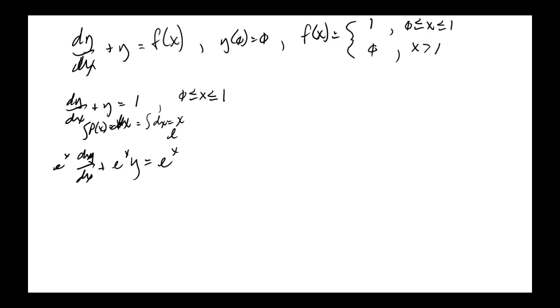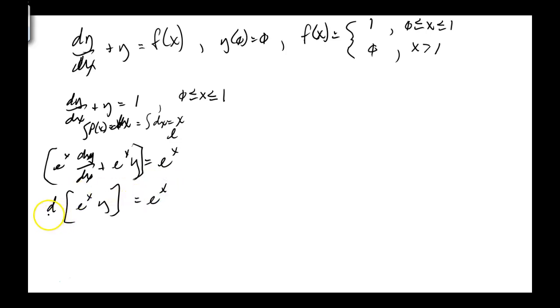Now, hopefully, and we'll verify this, the left-hand side here should be the perfect derivative of e to the x, your integrating factor, times y. Let's see if that's the case. The derivative of a product is the first times the derivative of the second, that's exactly what we've got here, plus the second times the derivative of the first, and that's exactly what we've got there. And that's equal to e to the x.